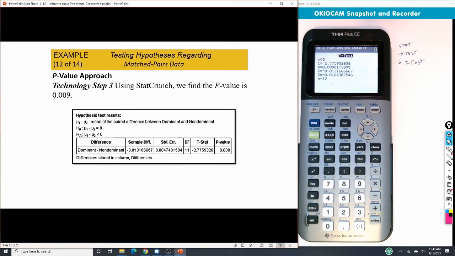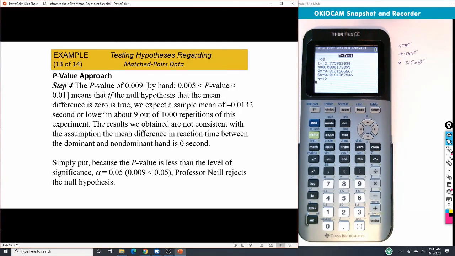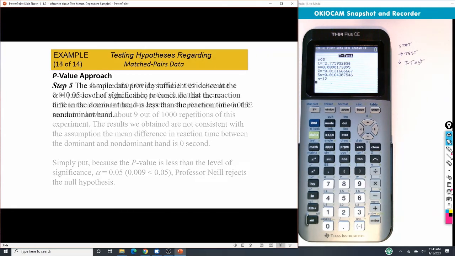So they got the same numbers we did here using StatCrunch, but since our p-value is less than 0.01 with those, then we're going to be able to reject the null hypothesis for those. Actually, it's because it's less than 0.05, because that was our significance level on those pieces.